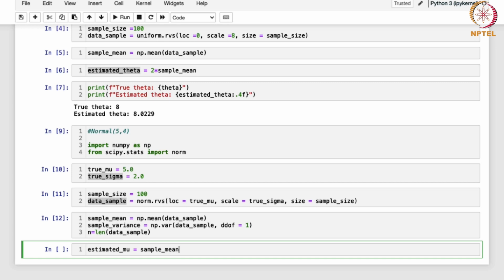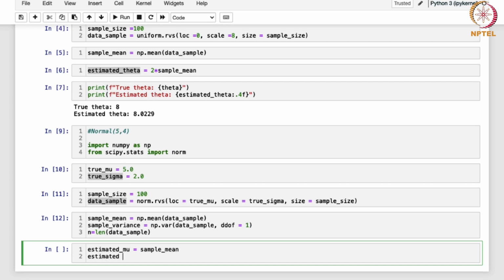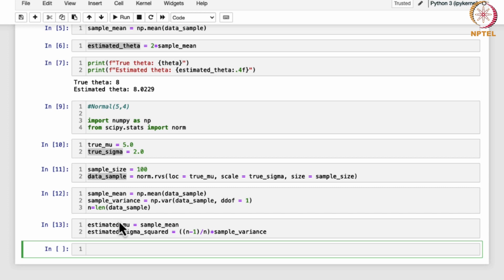So this would be the sample mean only, and the estimated sigma squared would be (n-1)/n multiplied by the sample variance that we have obtained, that is s squared. So the estimated mu hat is x bar, and sigma squared hat is (n-1)/n times the sample variance. Now we will print these.